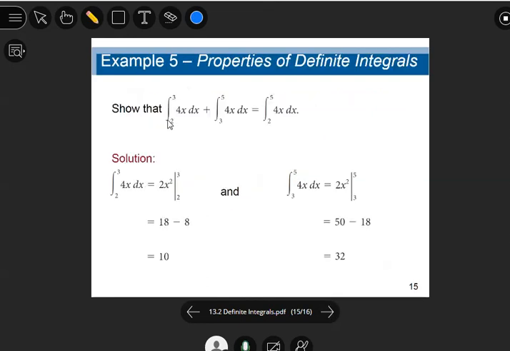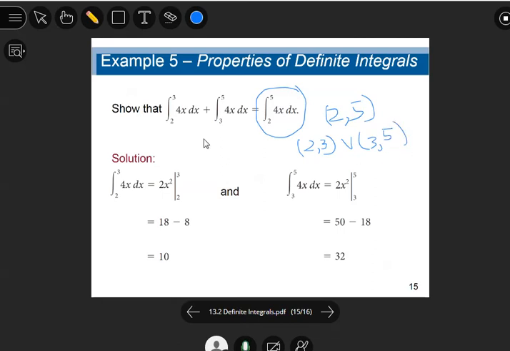As an example, we need to find this integral of 4 times x between 2 and 5. So I distribute this region 2 to 5 into 2 to 3 union 3 to 5.